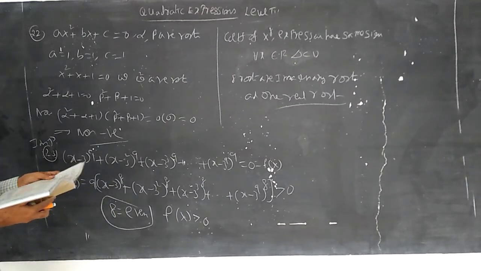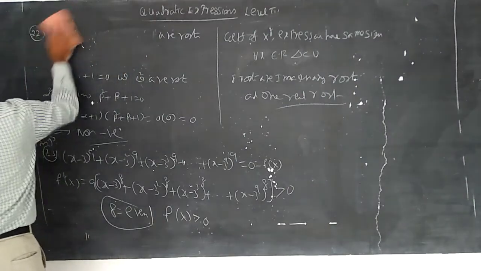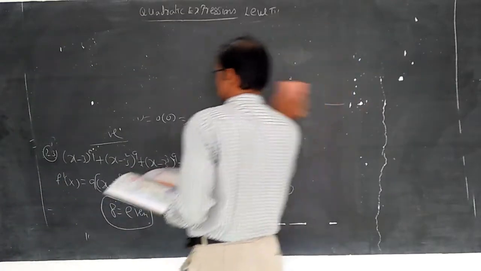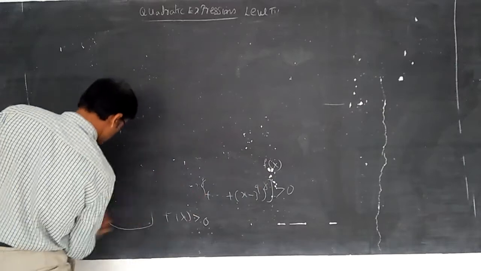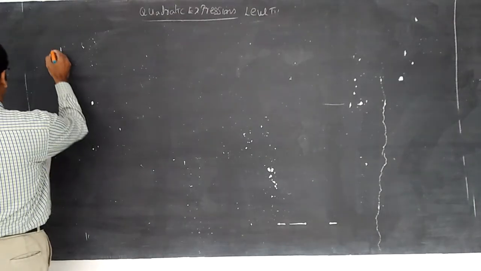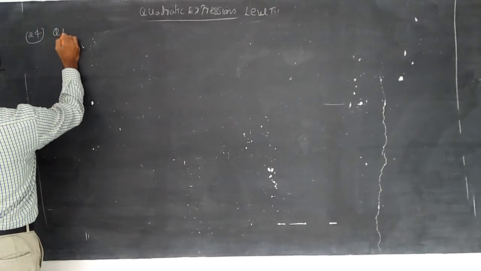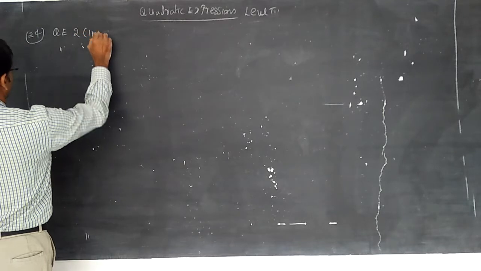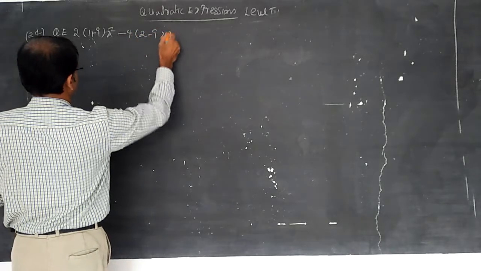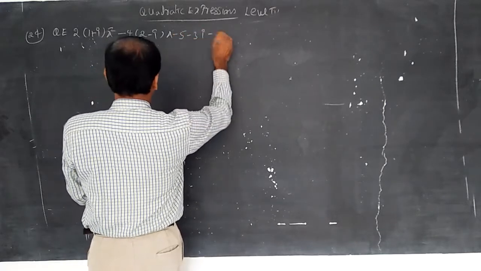Next, 24th one. The roots of the quadratic equation 2 into (1 plus i) x square minus 4 into (2 minus i) x minus 5 minus 3i equal to 0.